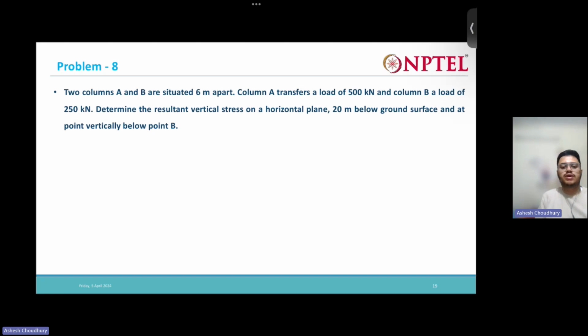Determine the resultant vertical stress on a horizontal plane 20 meter below the ground surface and at a point vertically below point B. So this is point A, this is point B. This is 6 meter apart.